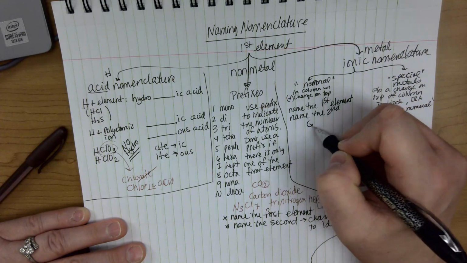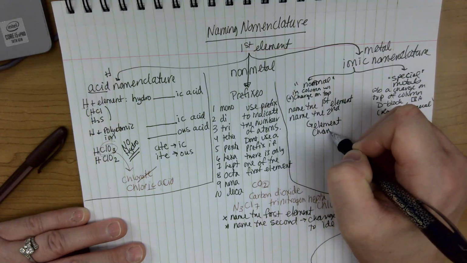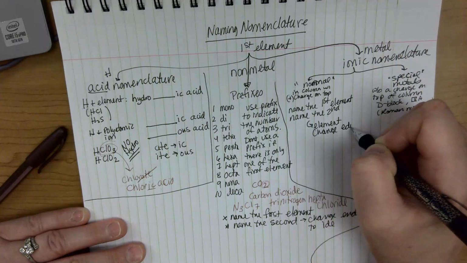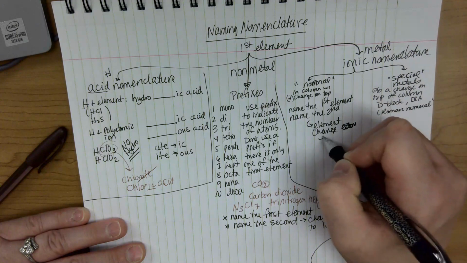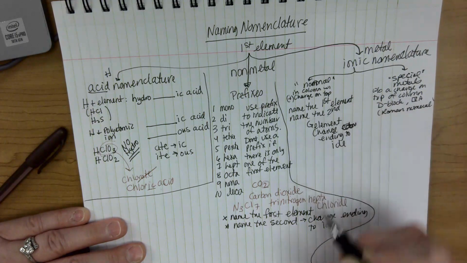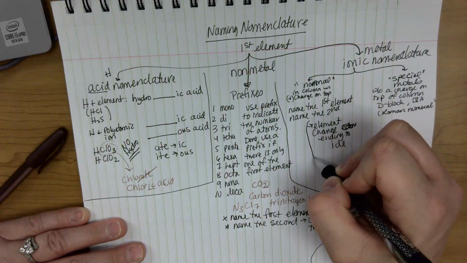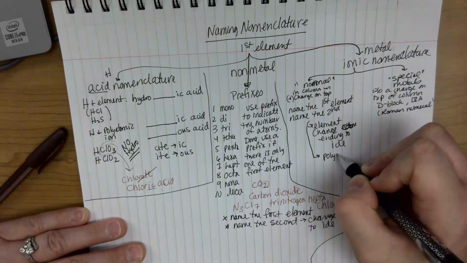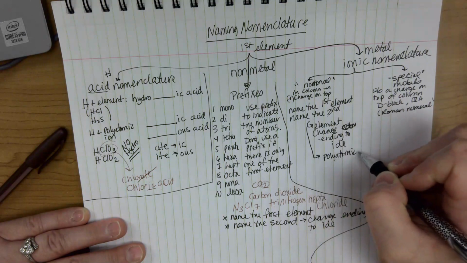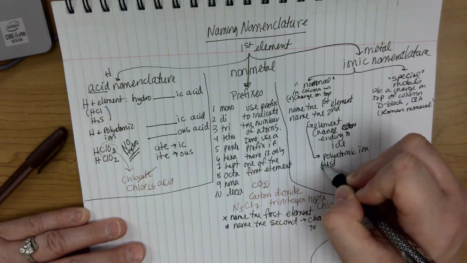If it is an element, change the ending to IDE, just like you did down here. If the second thing is a polyatomic ion, then just name it.